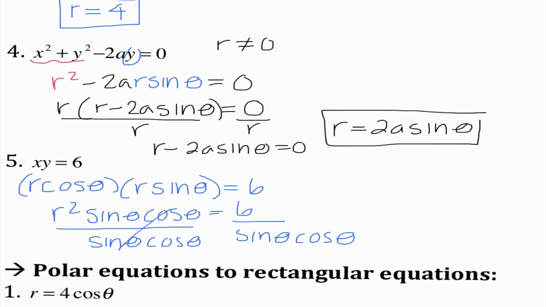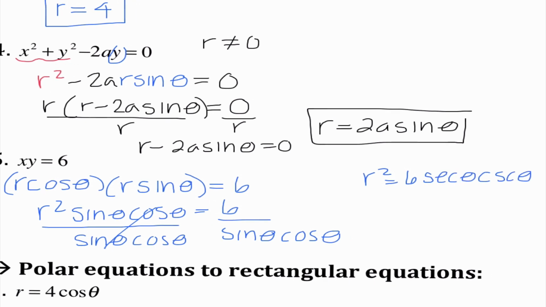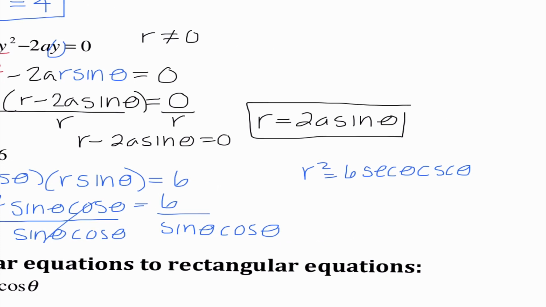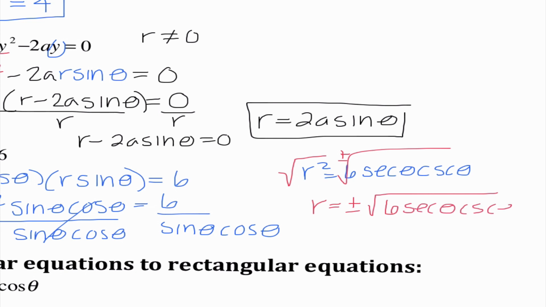So technically, I get r squared equals 6 secant cosecant. Now, in order to go ahead and isolate r, I need to square root both sides, and I need to put a plus or minus out in front. So I get r equals plus or minus the square root of 6 secant theta cosecant theta.